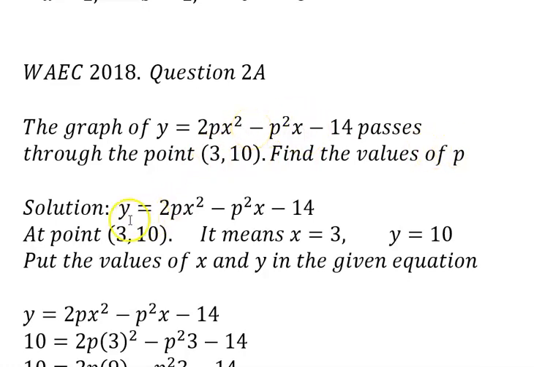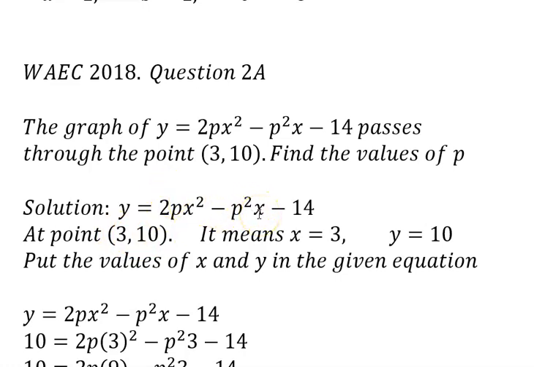Now, what are we going to do? We'll bring out this question. At points 3 and 10, that the graph of this equation passes through, it means our x will be 3 and our y will be 10. Awesome. So, all we just need to do is to substitute the value of our x, which is 3, and the value of our y, which is 10, into this equation.